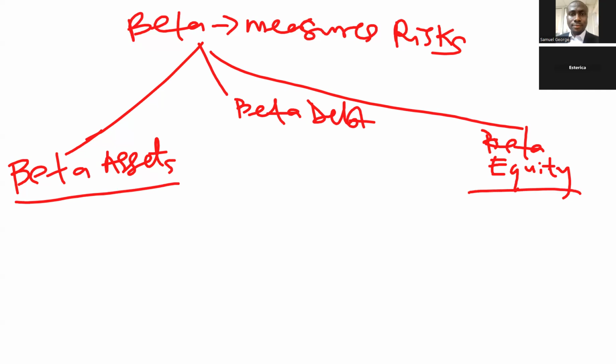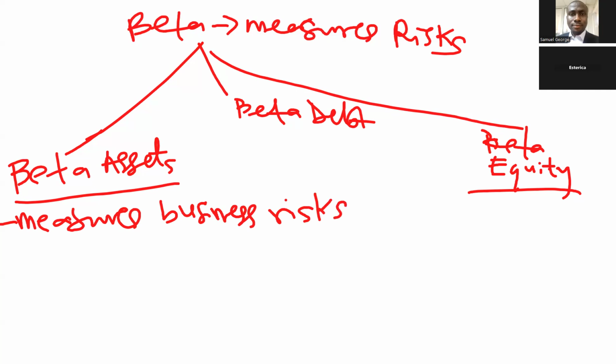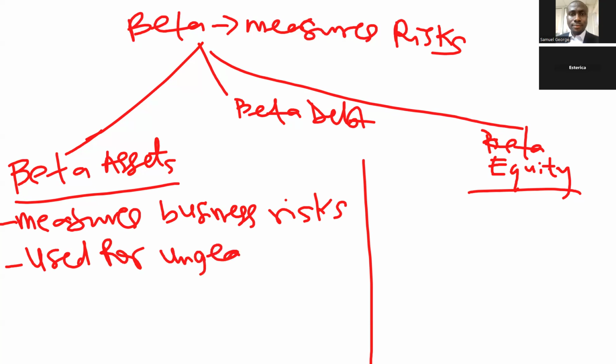So beta assets measures business risk, which is our operating risk. It measures only business risk. And it is used for ungeared companies.